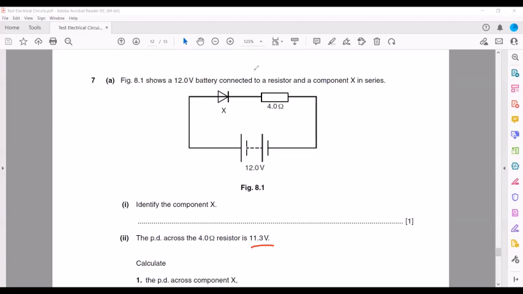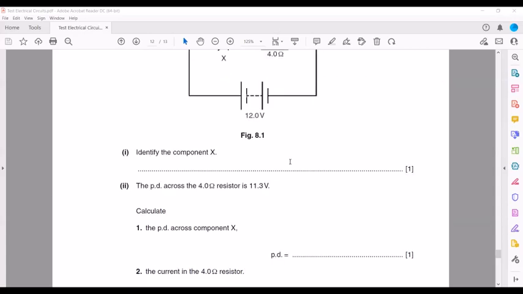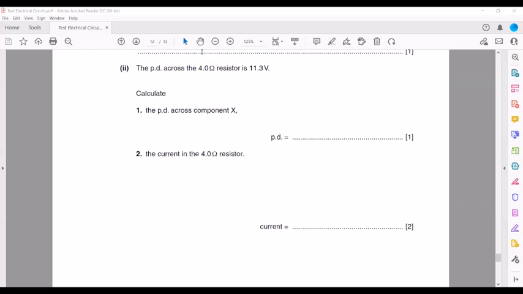What is the potential across X? Because they are connected in series, if 11.3 volts of the 12 is across the fixed resistor, the remaining voltage is across the diode. So 12 minus 11.3 gives 0.7 volts across the diode.